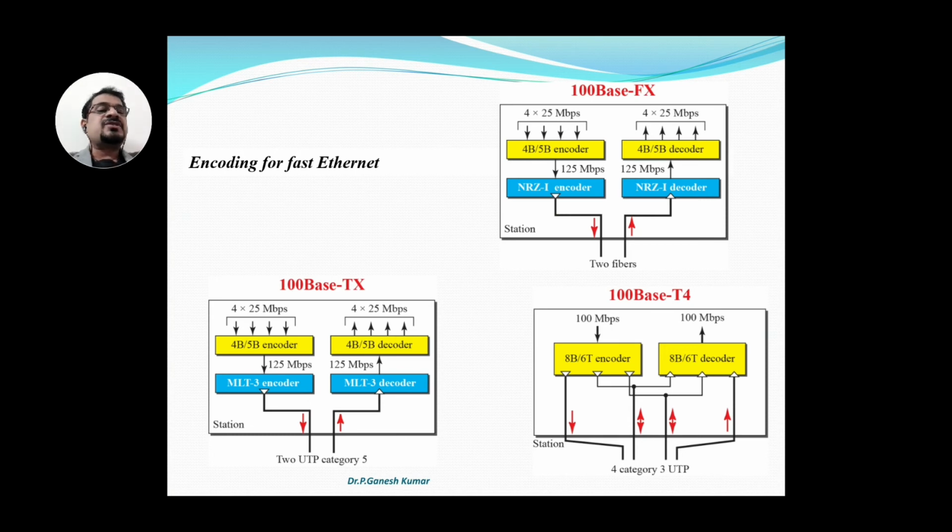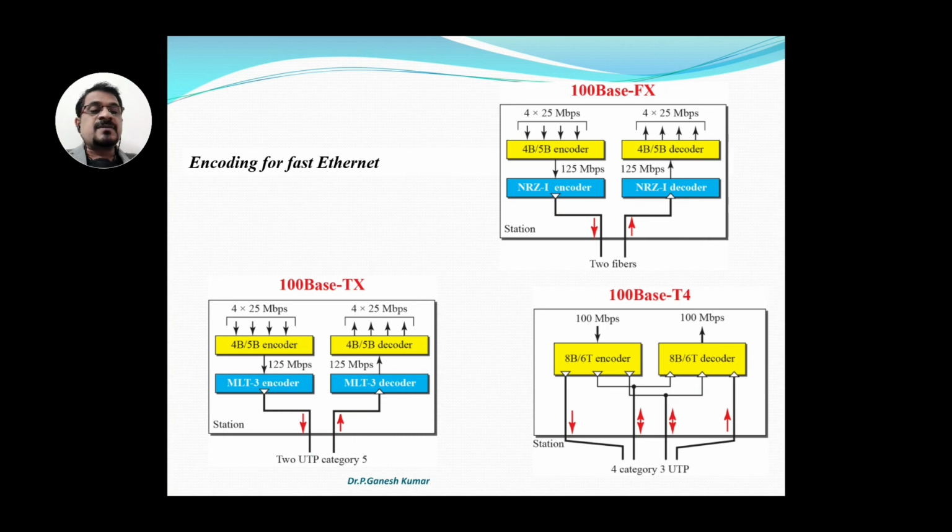And then 100 Base-T4, the twisted pair T4. In this method 2 cables are used for transmission, as well as 3 cables for unshielded twisted pair receiving purpose. So altogether there are 4 cables. Each unshielded twisted pair cable can be used for 33.33 Mbps.